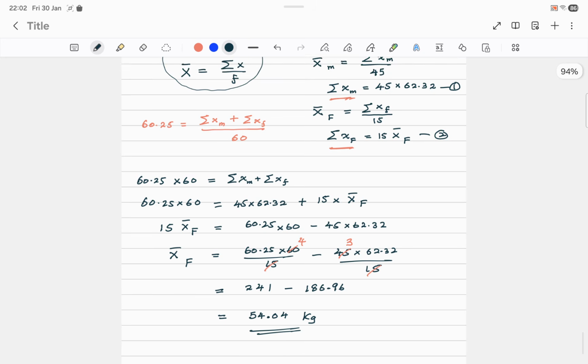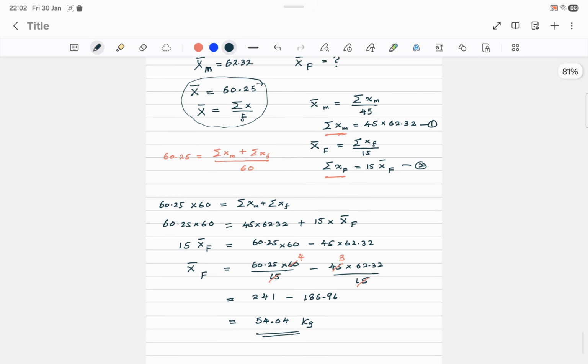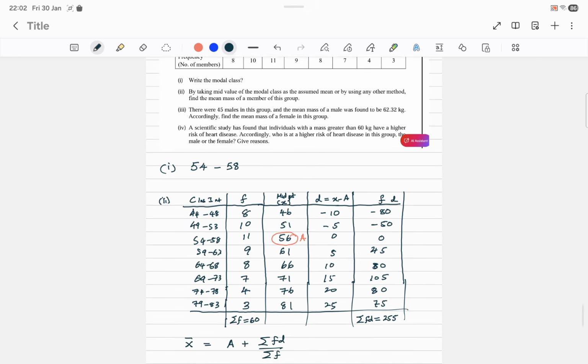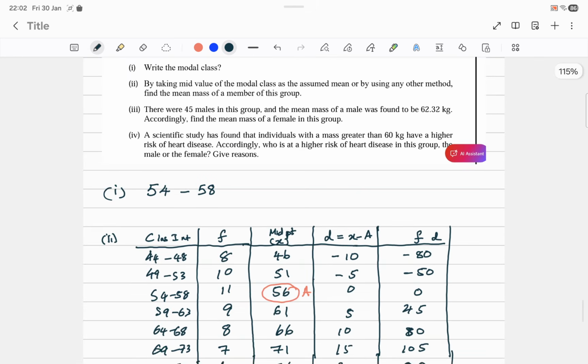So you have to use the definition of the mean, and the mean we found, and the male mean that is given to us, right? So that is part 3. Then what is the last part? A scientific study has found that individuals with mass greater than 60 kg have a higher risk of heart disease.